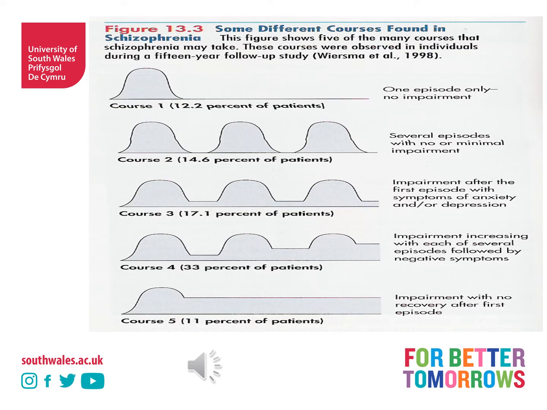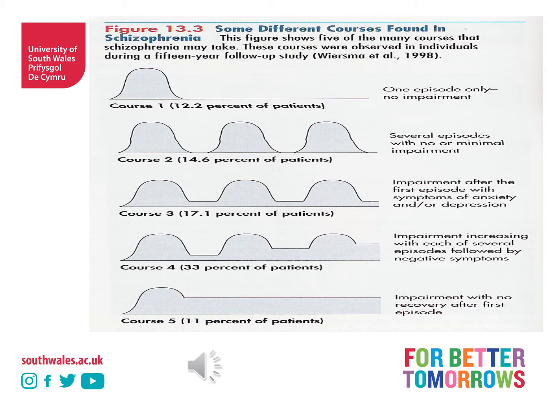Once the full-blown disorder appears, then there are different patterns of illness and wellness observed. And you can see these in figure 13.3 on this slide. The bell-shaped curves represent patterns of illness, and the straight line represents patterns of wellness. So you can see in time course 1, 12.2% of people are very ill for a time period, and then they're well for the rest of their life.